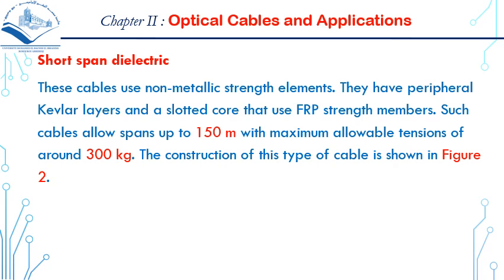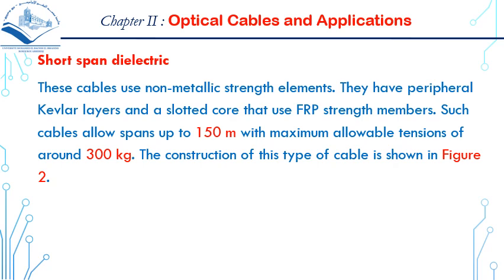Short span dielectric. Span means, in this case, the length. These cables use non-metallic strength elements. They have peripheral Kevlar layers and a slotted core to use FRP strength members.